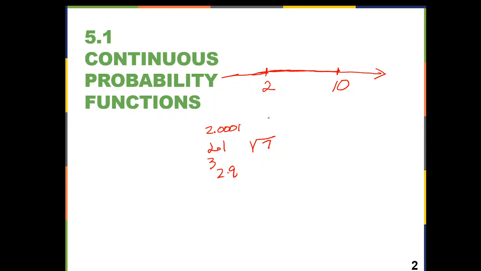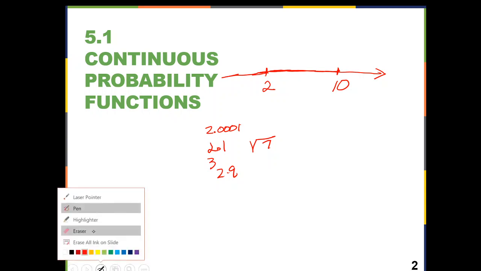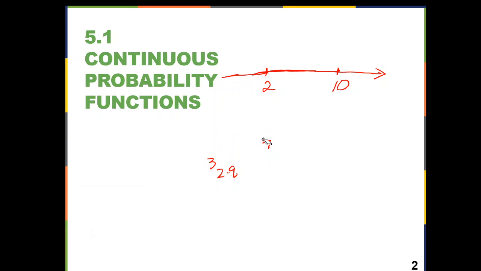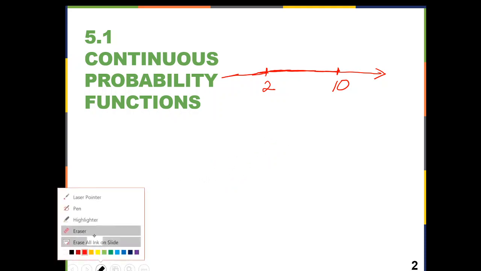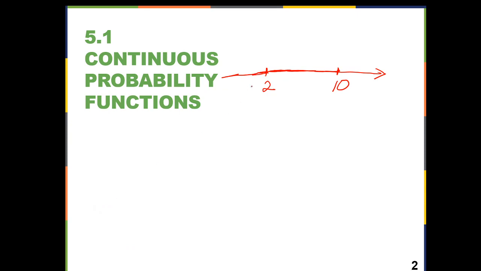Now, since we have an infinite number of numbers, it becomes tricky to talk about the probability of each of these numbers, because the problem is that if I ask, for example, what's the probability of the number 3?